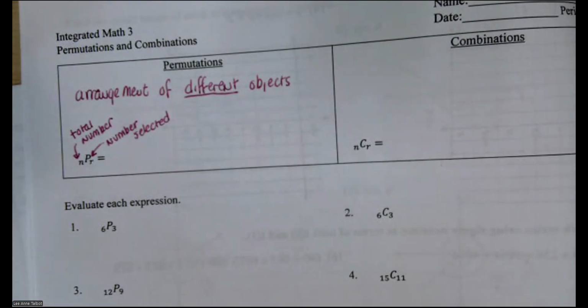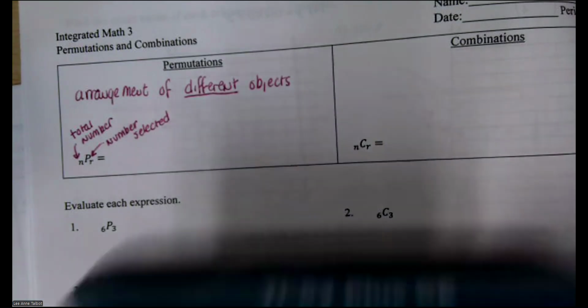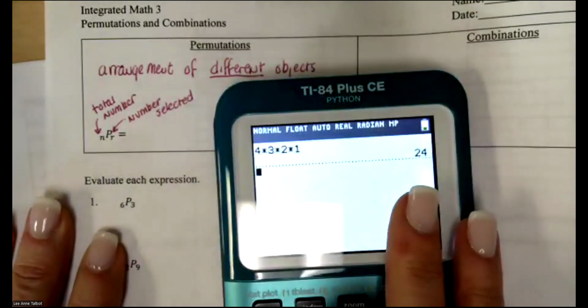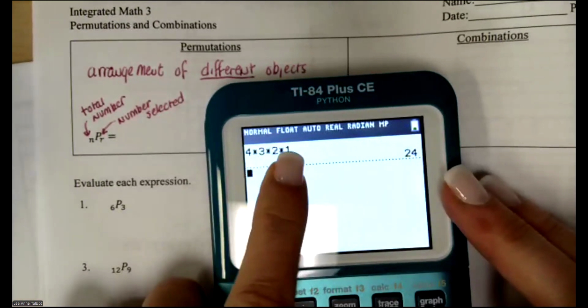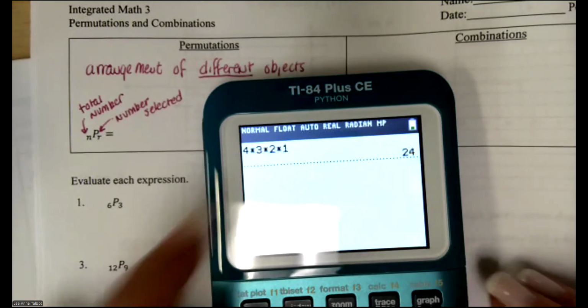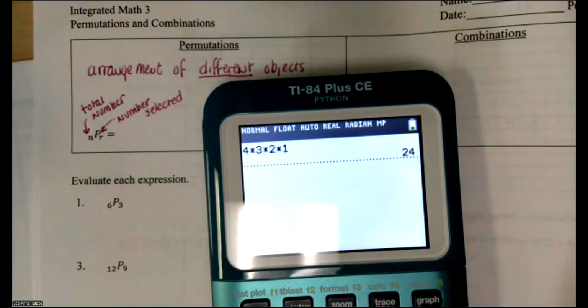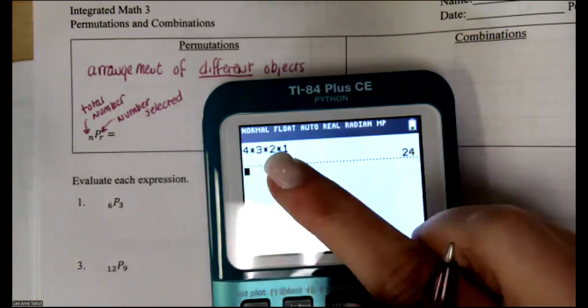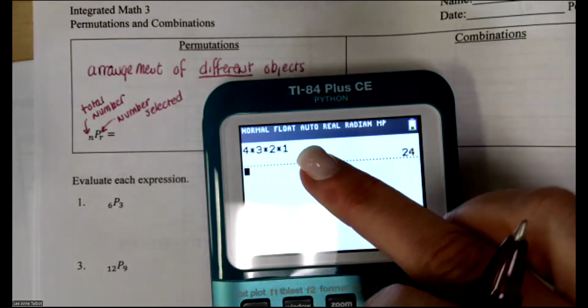Permutations have a formula, and this math right here has a name and a symbol. Does anybody know the name of this, doing this math, or the symbol? True, but very specifically, multiplying by the next number down, multiplying by the next number down, multiplying by the next number down.